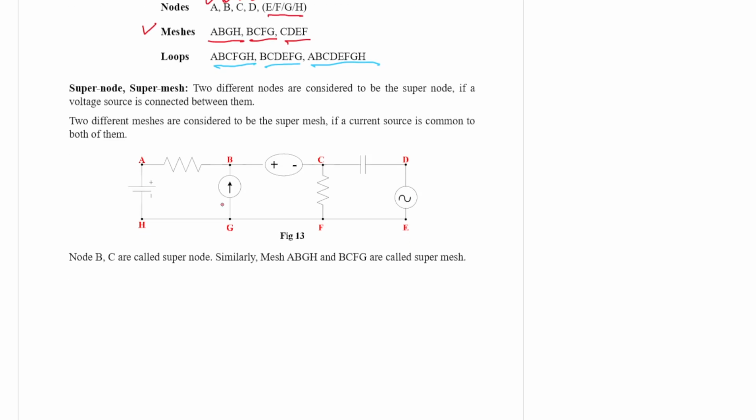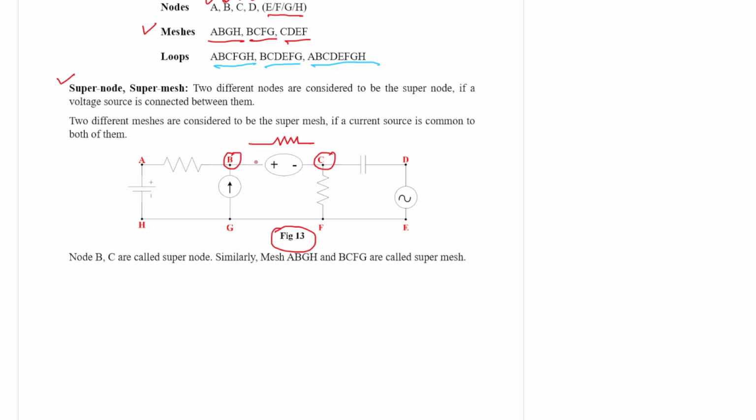Now the next term is called supernode and supermesh. What is that? Now consider figure 13. If you consider node B and node C, you do not know the resistance value of the branch between B and C. Due to this, you cannot apply any KCL equation, which I will explain later, or current equation.